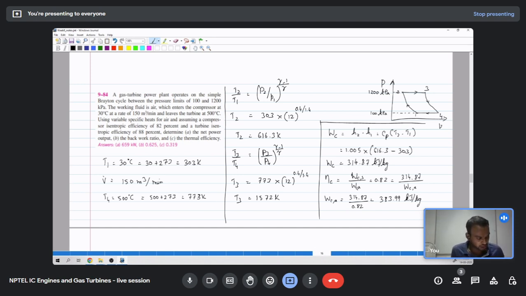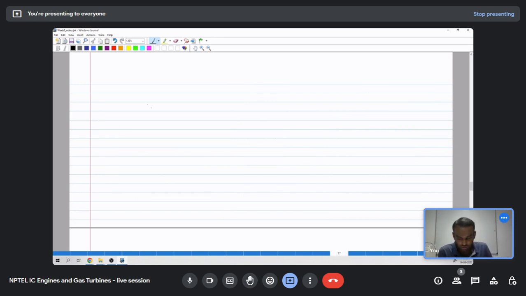Similarly, we can also calculate the turbine isentropic work and actual work. Turbine isentropic work is H3 minus H4, which is Cp into T3 minus T4.